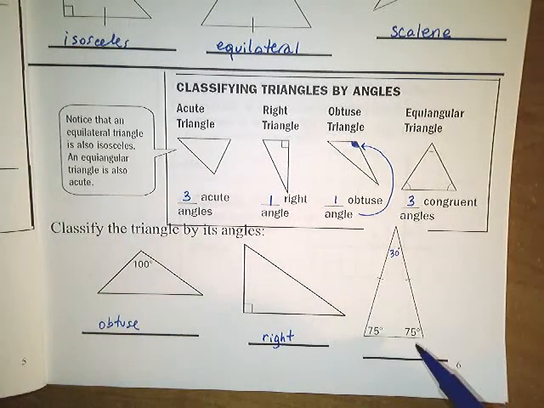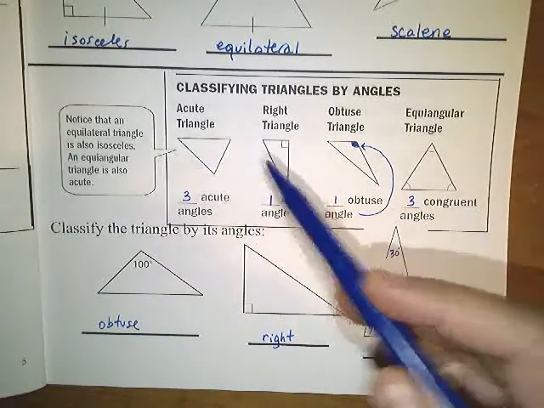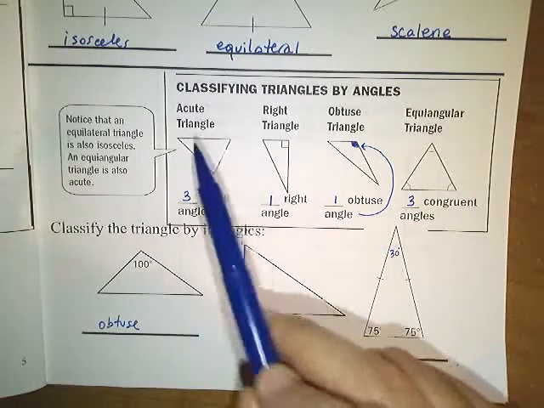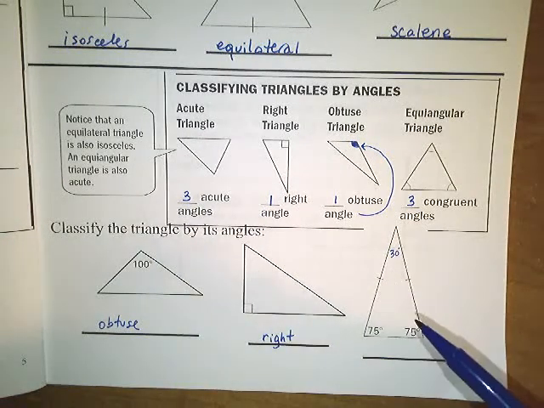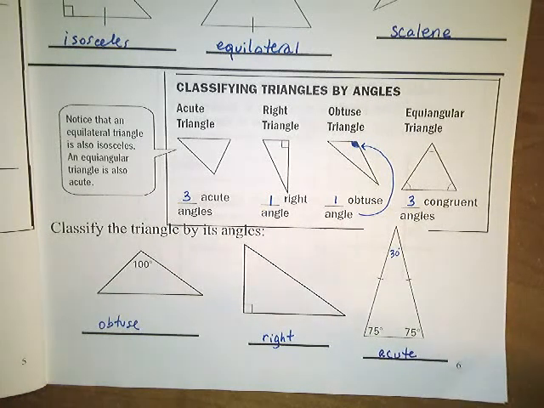I certainly don't have a right angle. Nothing's 90 degrees. So by default, this triangle, since it doesn't fall in the first three categories as I read from right to left, must be an acute triangle. Are all three angles inside less than 90 degrees? Yeah. So that's the category, acute.